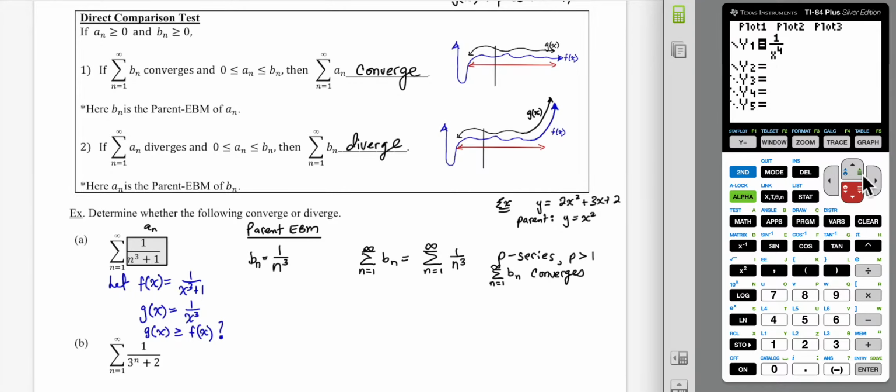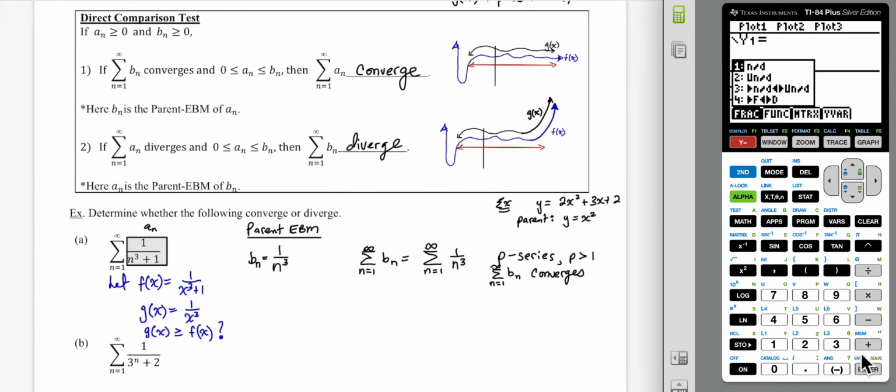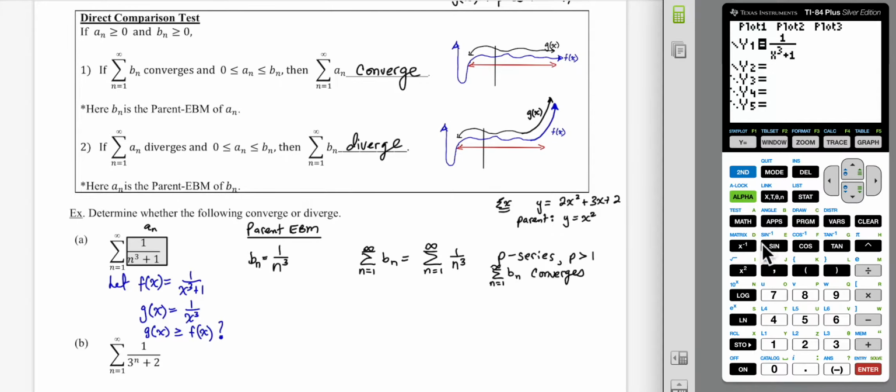I'm going to retype because I want to have the f of x come first. So y1 equals 1 over x to the third plus 1, and y2 equals 1 over just a plain old x to the third.